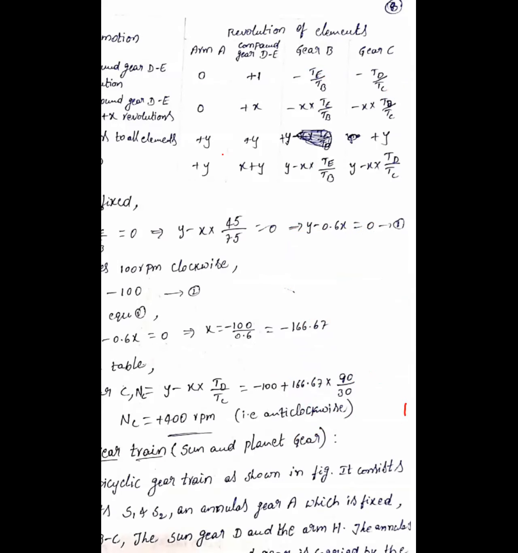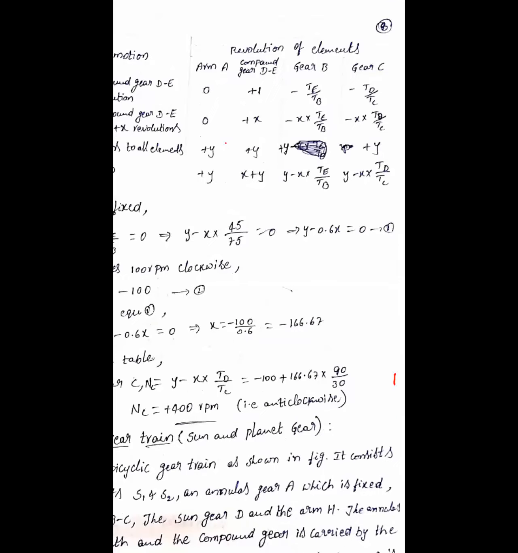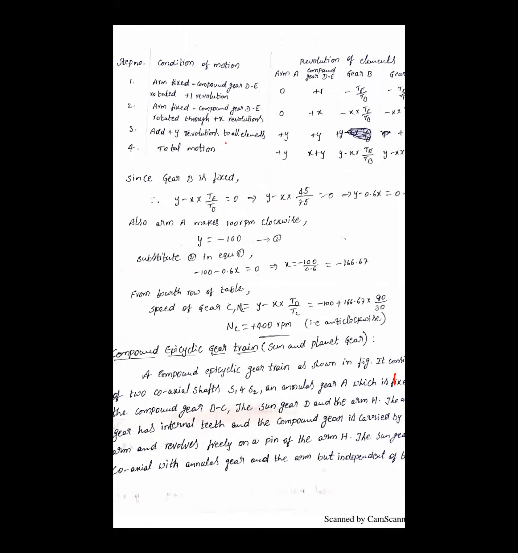Arm is fixed and compound gear DE makes plus X revolutions. In the earlier case only one revolution was considered, but here X revolutions happen in our gear train. So the arm is 0, DE is X, gear B is minus X into TE by TB, and gear C is minus X into TD by TC.